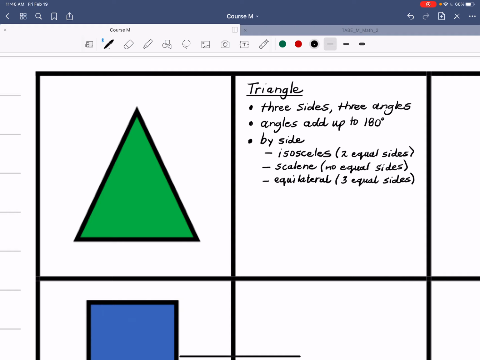You can also name your triangle by its angles. An acute triangle, that's what we're looking at here in the green. It has angles that are all less than 90 degrees.